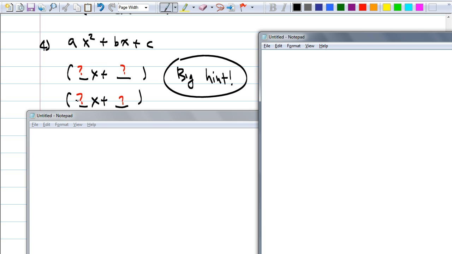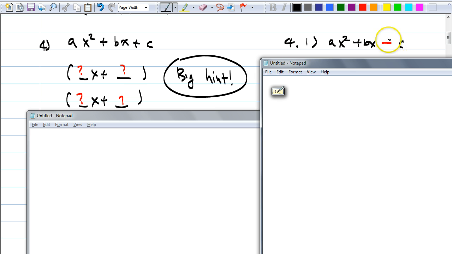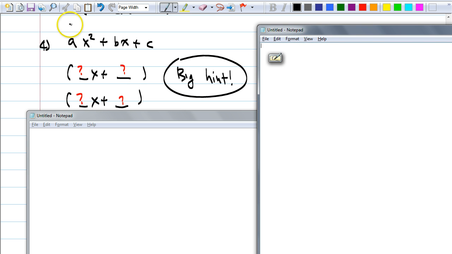Now, we talked about some special cases. You guys remember some special cases? Somebody mentioned, well, didn't we talk about where the c was negative and so forth? Well, that's kind of the same thing as this, really. But what's another special case for this? When you have this trinomial, we talked about something called perfect square trinomial. And it is this type.